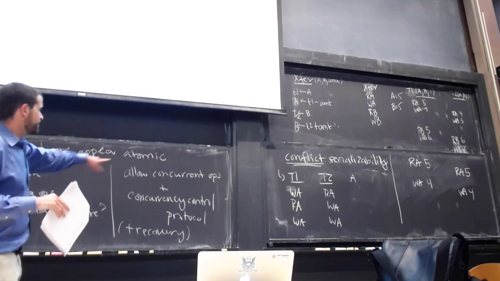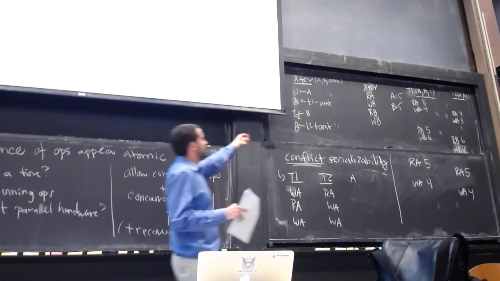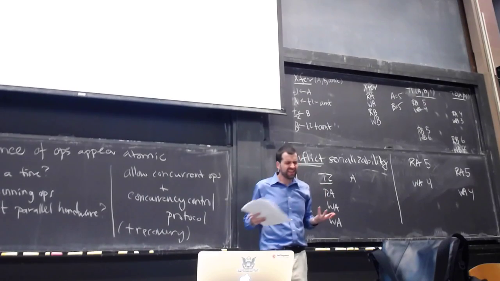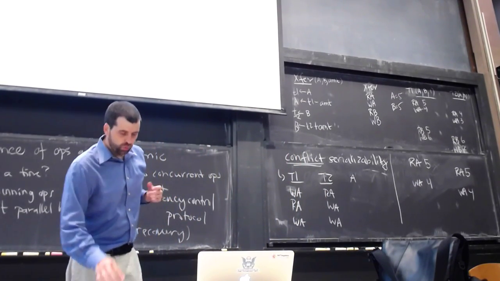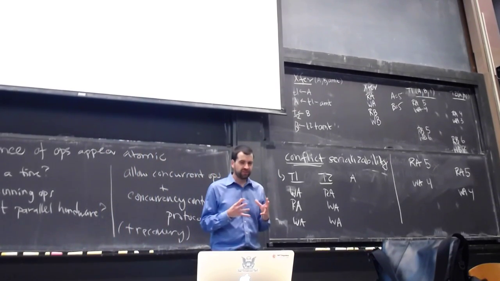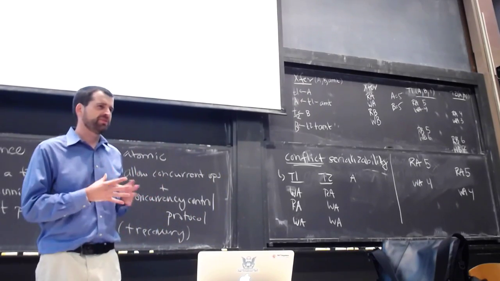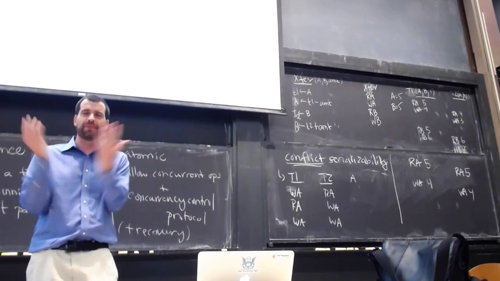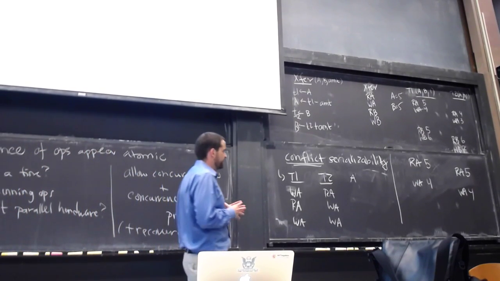By the way, we've been talking about these abstract variables like A and B, which are meant to represent, in this example, bank account balances. We'll talk more about the granularity of these objects and why the granularity matters in a couple of lectures. But for now, think about the granularity of these objects as being like records in a database, like a bank account balance, the record of one bank account in a database system.